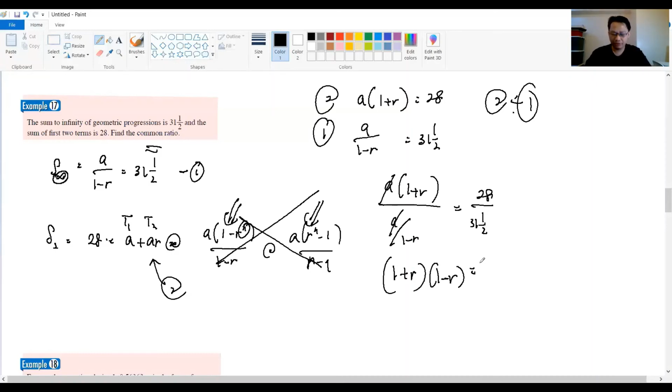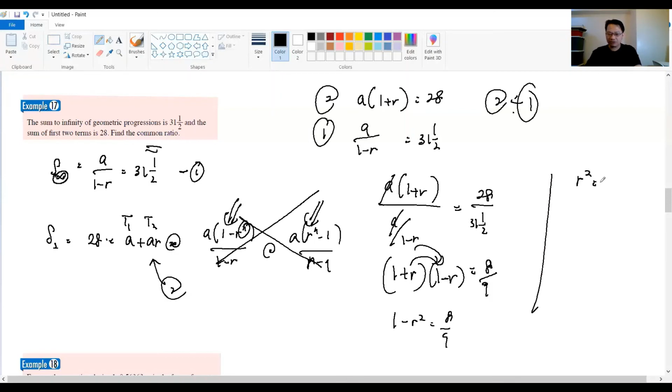So 28 divided by 31 1/2, the value is 8 over 9. So we expand this equation, then we are supposed to get 1 minus R squared equals 8 over 9.